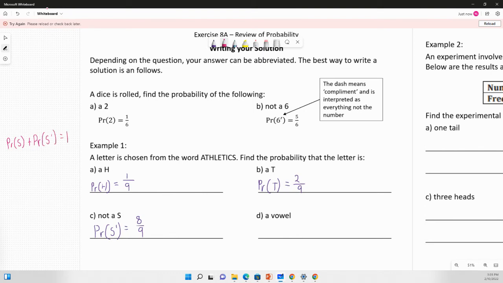Because you're either going to get an S or you're not going to get an S. So another way to think about this one could be rearranging this formula here. You might like to think of the probability of S dash, or the complement of S, as 1 minus the probability of getting S. So a little extension activity, try and calculate the probability of S dash by doing 1 subtract the probability of S.